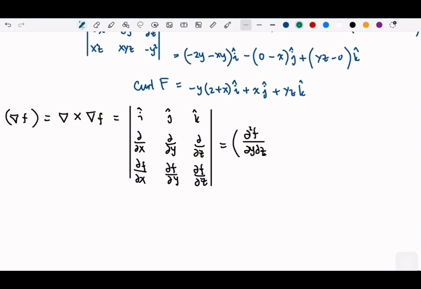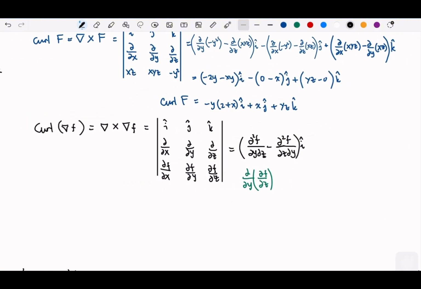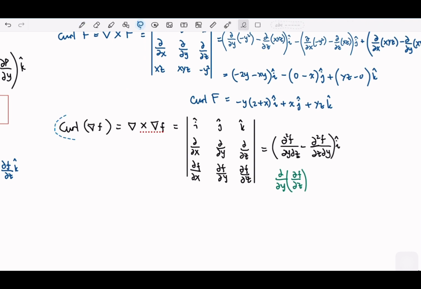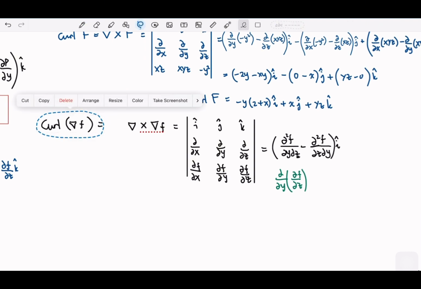This actually means dou y, but inside this we have dou z. That's what it means. I will just write that to help you relate. And then minus, the other one will be dou z of dou f dou y. Okay, this is for i. I think I need to make it smaller.